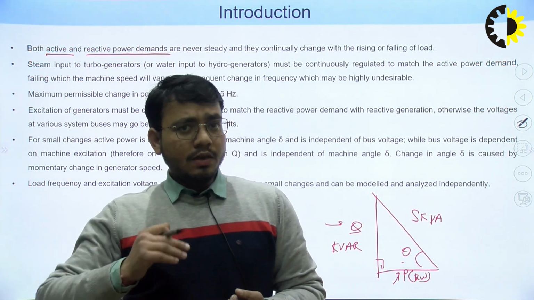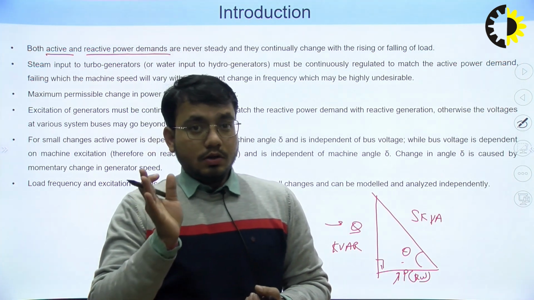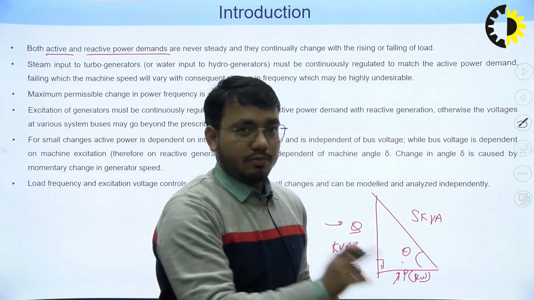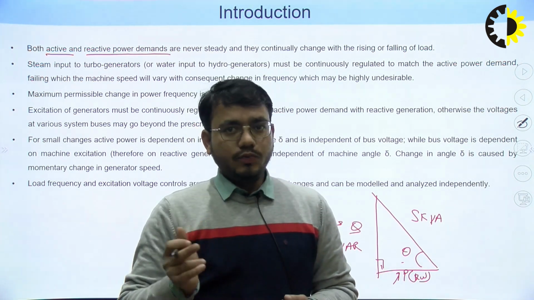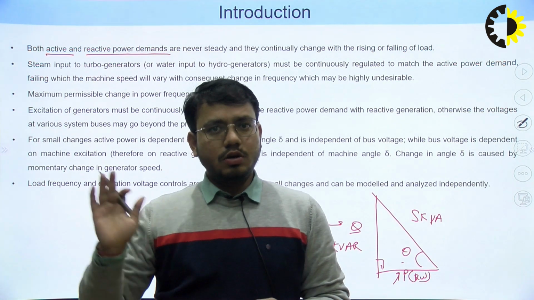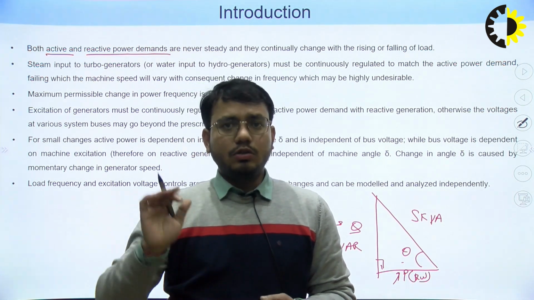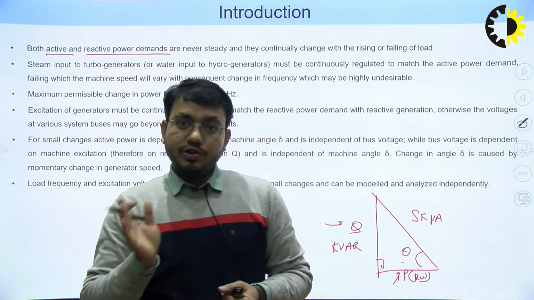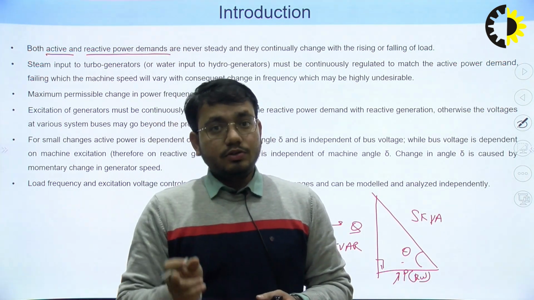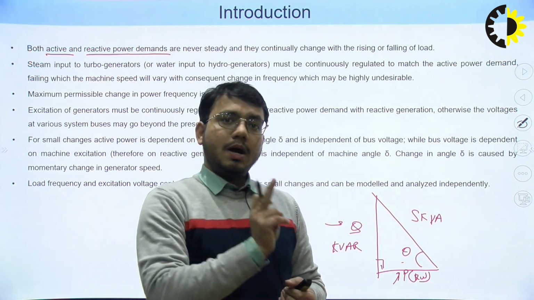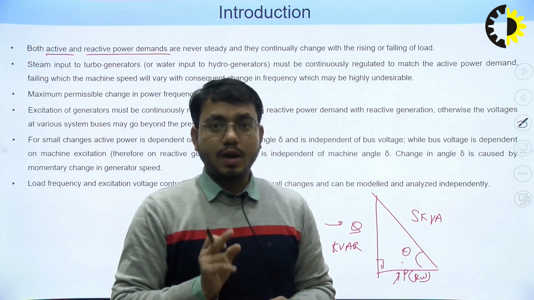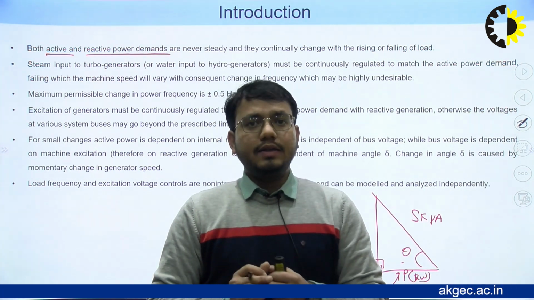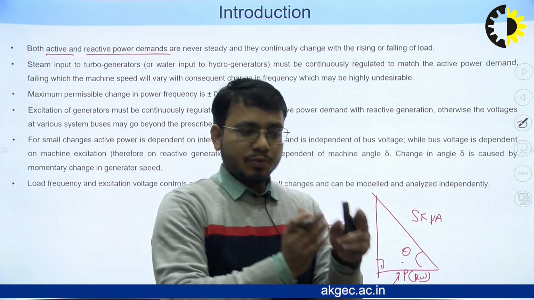If load is varying, the impact of the change comes directly onto the generators. We have synchronous generators installed in the power stations, and the power generated must be equal to the power demanded. Power demand is the load connected to the system, and that load has to be satisfied with that amount of power.